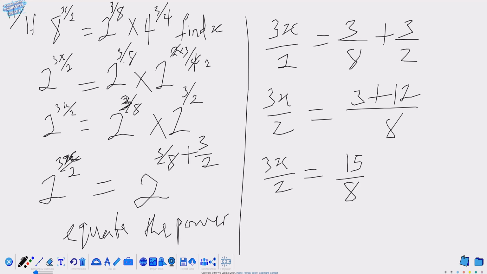Now I want to teach you something: denominators can cut each other. Pay attention, there's no addition or subtraction in between. So 3 here becomes 1, 3 and 15 gives 5, 2 here 1, 2 here 4. x is 5 over 4. Now that's a shortcut.